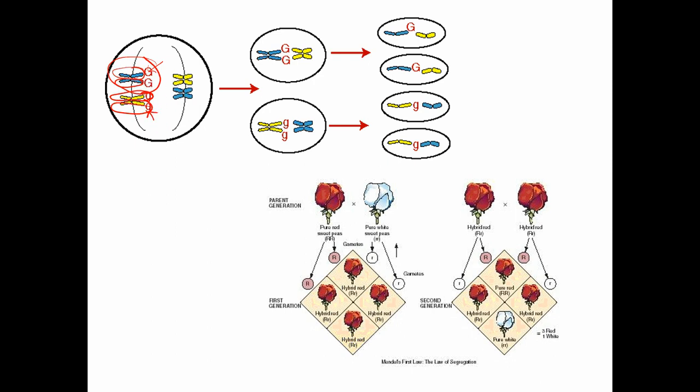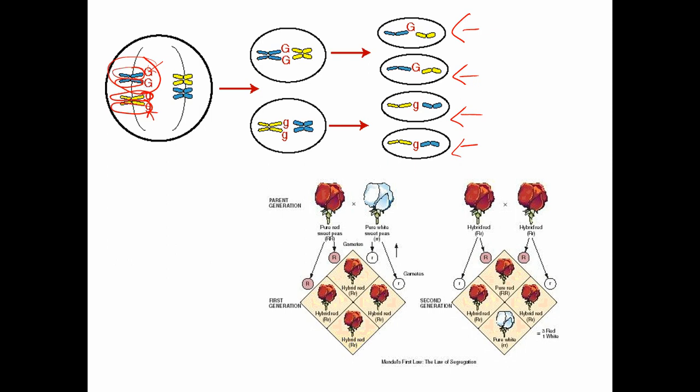And in the formation of these gametes, this sex cell got a big G, and this one got a little g, and this one got a little g. And so these separate independently of each other. So when you're talking about multiple alleles, they will not necessarily always go together.